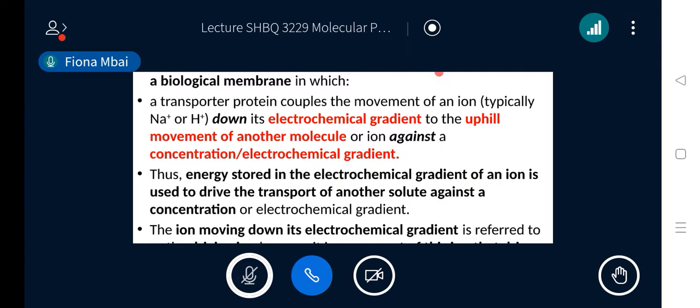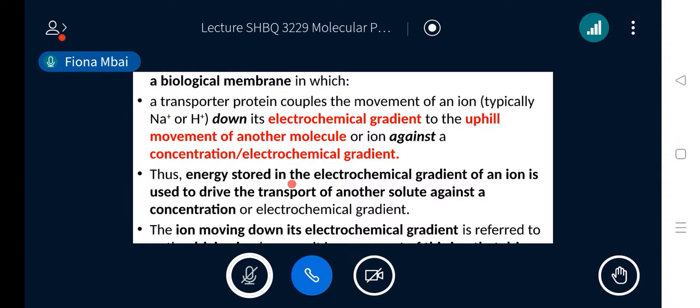So secondary active transport is a form of active transport which crosses biological membranes. A transporter protein is responsible for coupling the movement of an ion, typically either sodium or potassium, down its electrochemical gradient to the uphill movement of another molecule or ion against its concentration or electrochemical gradient, which we talked about in the last lecture.